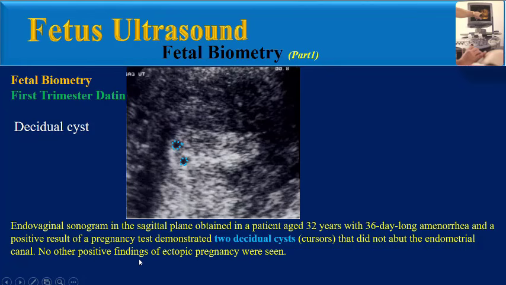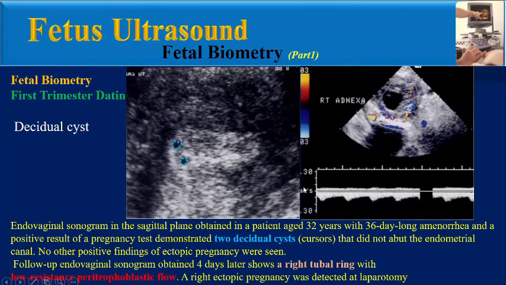No other positive findings of ectopic pregnancy were seen, but a follow-up endovaginal sonogram obtained 4 days later showed a right tubal ring with low resistance peritrophoblastic flow, and a right ectopic pregnancy was detected at laparotomy.